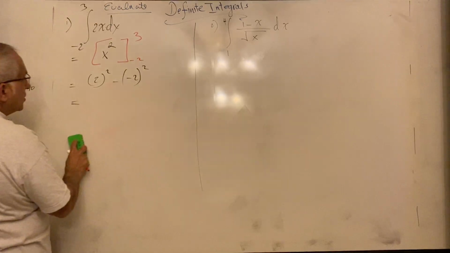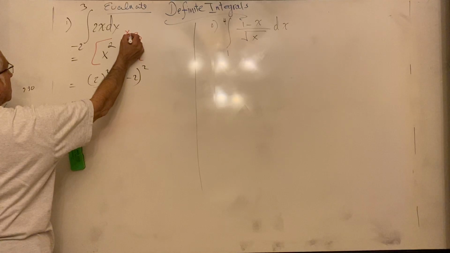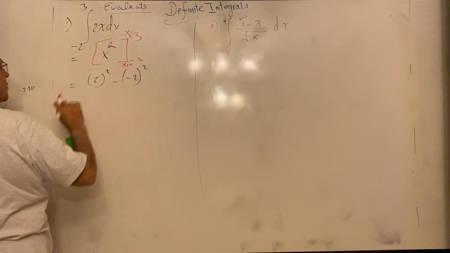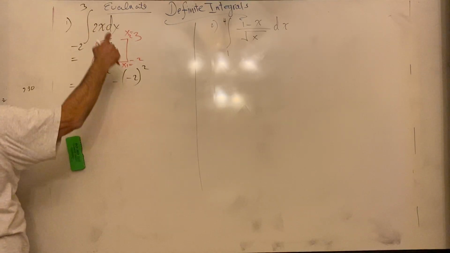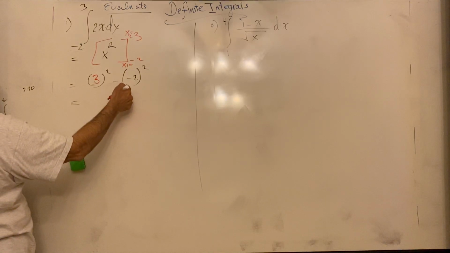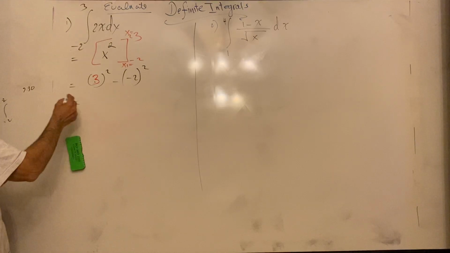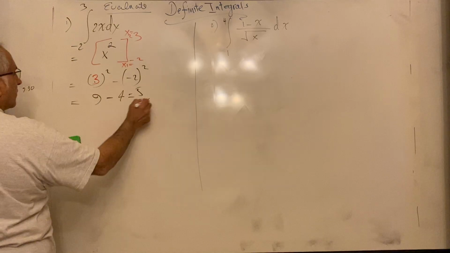Then just substitute. Start with the first one first. This is called from x1 equals negative 2 all the way x2 equals 3. So take from the bigger, then minus the smaller. The upper minus the lower. So what do I put here? 3. What do I put there? Let's say stays negative 2. So what are the answers? 3 squared is 9, and negative 2 squared is 4, and 9 minus 4 is 5.